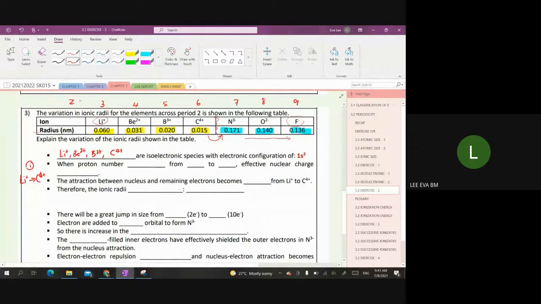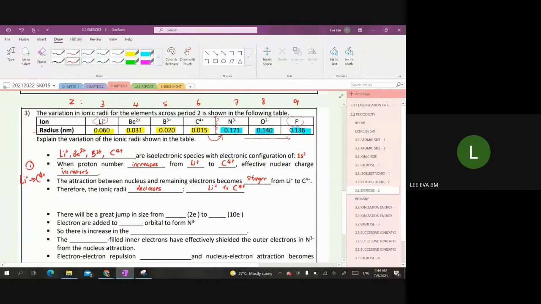Ni proton number dia. Okay, so when proton number increases from lithium positive to carbon 4 positive, how about effective nuclear charge? Increases as well. So what happens to the attraction? It becomes stronger. Therefore, you were having the ionic radius decreases from Li positive to carbon 4 positive.